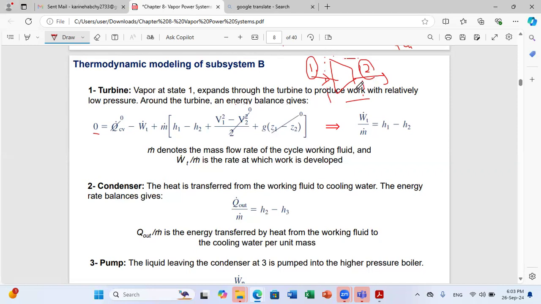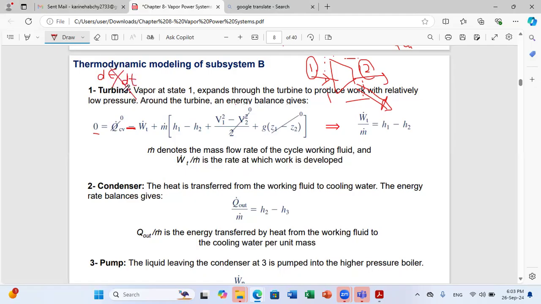And your main purpose here is to extract work. Since you are extracting work, the work is getting out, so you are losing energy in this system to produce a net work for your environment. That's why we put minus W dot turbine. So the general equation, I will write it here, is dE by dt, which is the derivative of energy in the system. And because here it's a steady state, this term will cancel out.